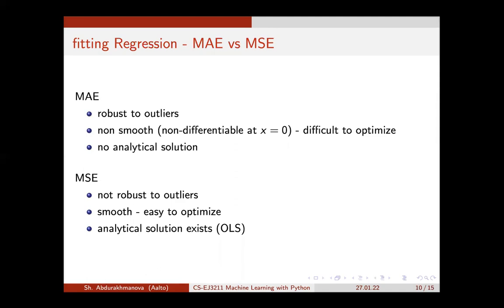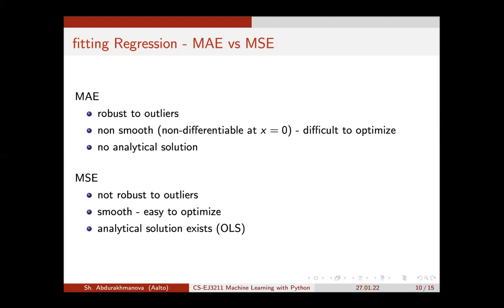So then, as we noted, the mean absolute error is a non-smooth function. It means that it's non-differentiable at this corner point. And the consequence of it is that we cannot apply very efficient tools and algorithms for optimization of this loss function. So it's more difficult to work with this kind of function.